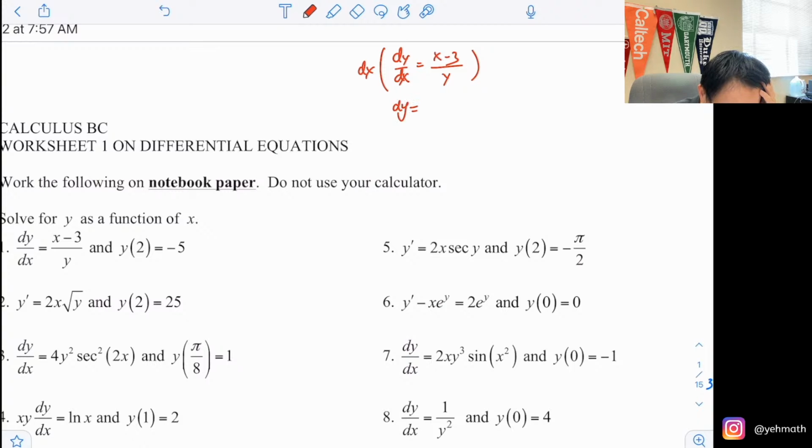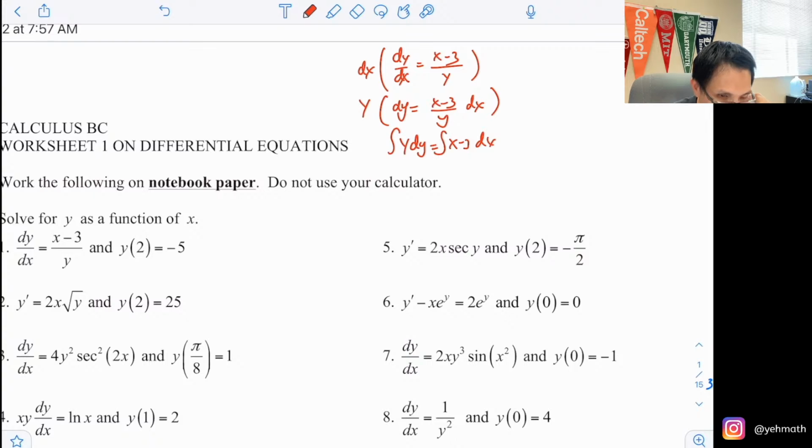So I get dy equal to (x minus 3) over y times dx. Going too fast? Or should I go faster? No, okay. Multiply both sides by y, because that's to get rid of y. So y dy equals (x minus 3) dx.